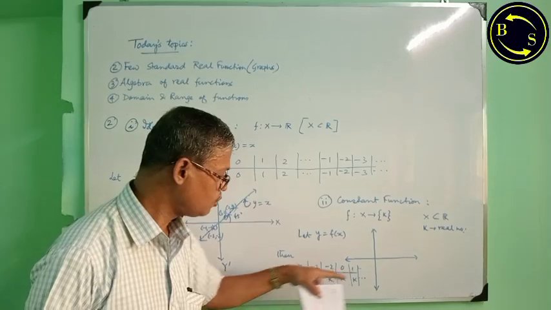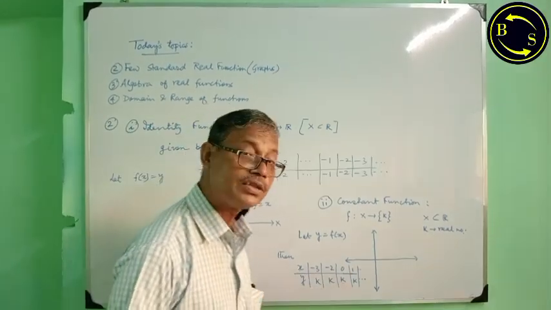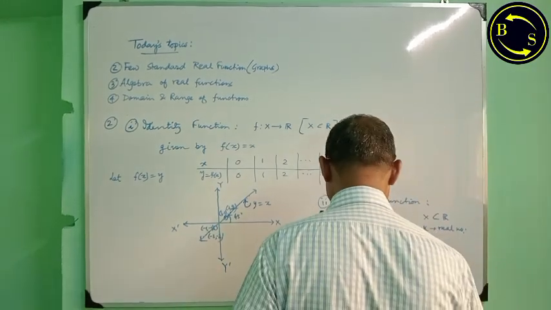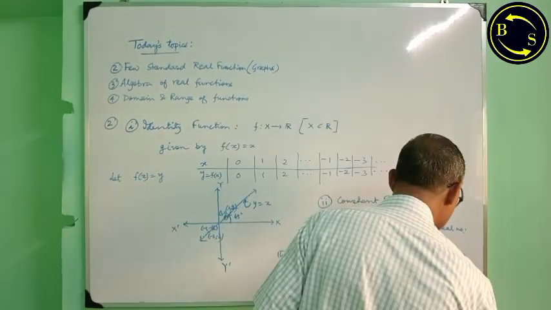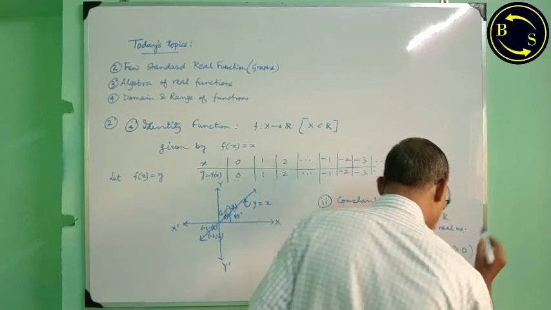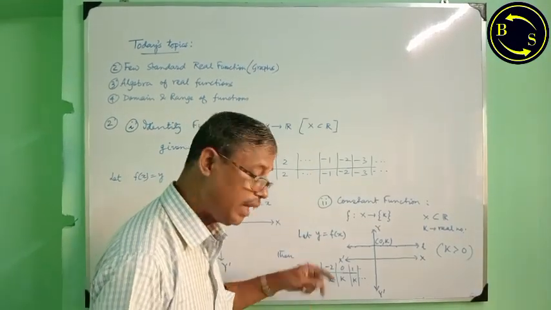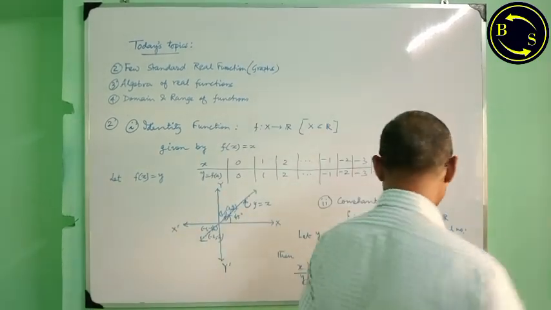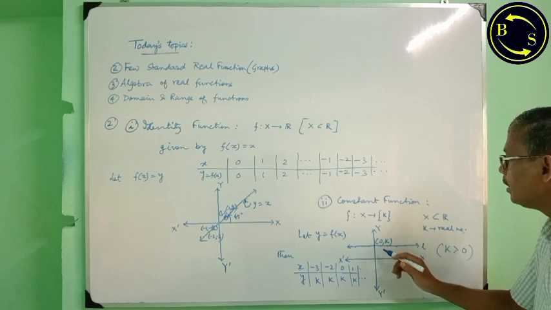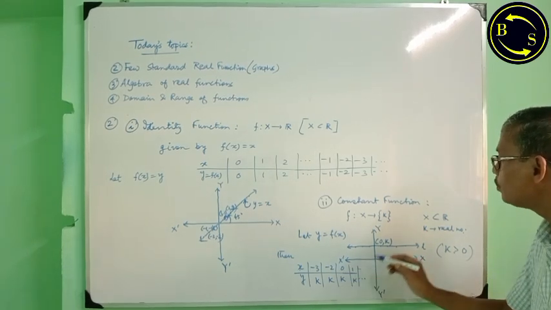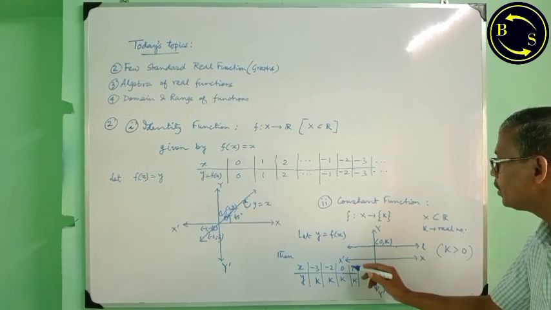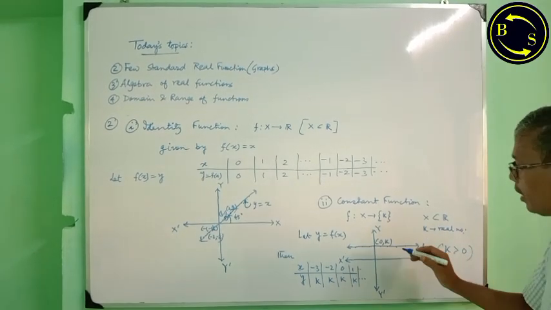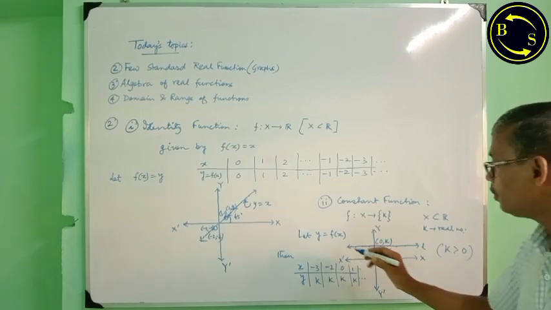For different values of x, the value of y will be the same, where y is equal to f(x). Now if we take k positive, then y equal to k, f(x) equal to k will be the straight line which is parallel to the x axis, and different points will lie on this straight line. This is the graph of the constant function y equal to f(x) equal to k.